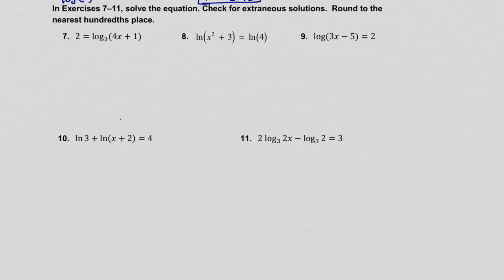So I'm looking at this and I see a log, and I remember that to undo a log, I need to make it an exponential. So an exponential will undo that. Okay. So my base is 3, and I know that my logarithm yields my exponent, so 3 squared equals 4x plus 1.